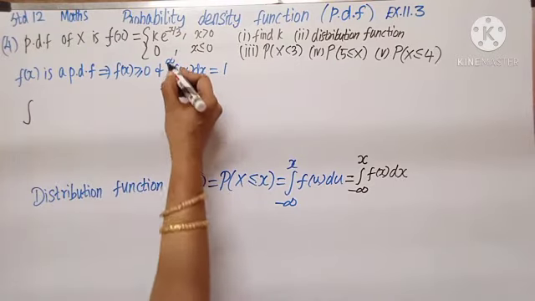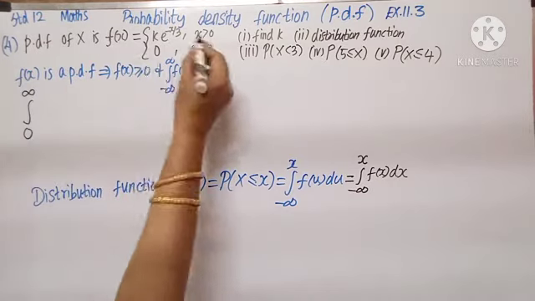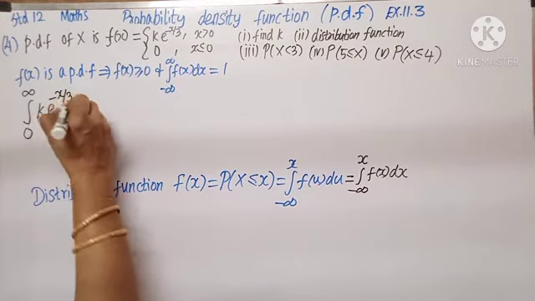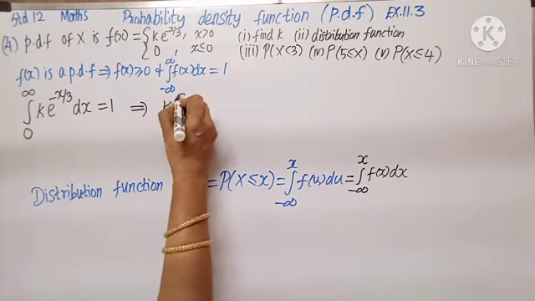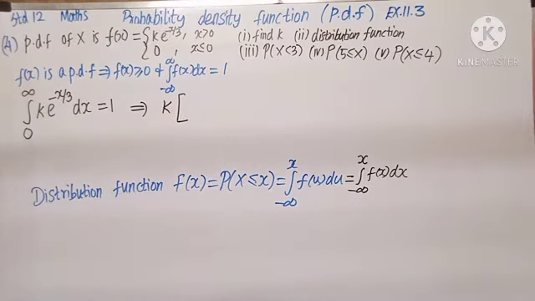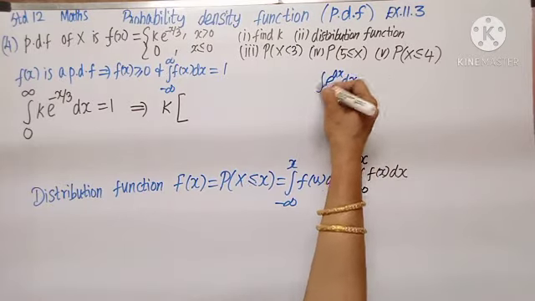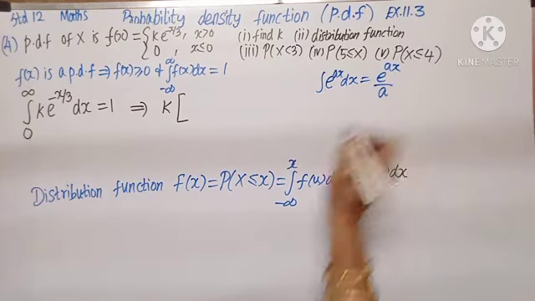So, minus infinity to infinity is now becoming 0 to infinity k e power minus x by 3 dx, that is 1. Keep k out. Remember the formula: whenever we integrate e power ax, it becomes e power ax by a.